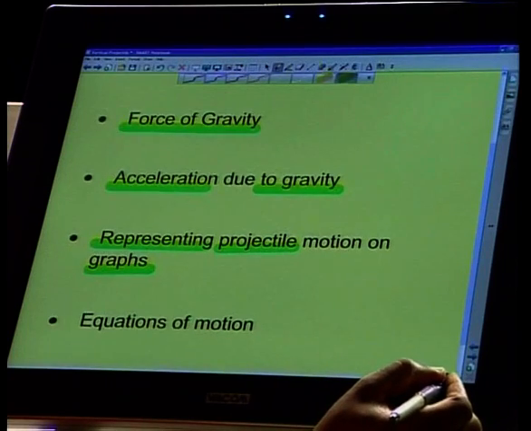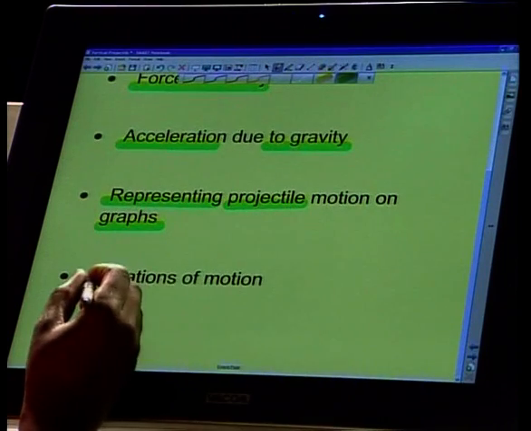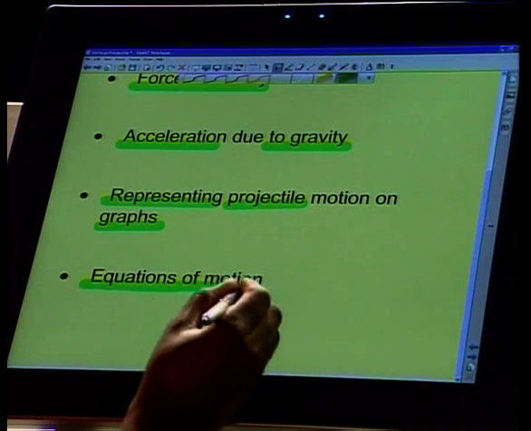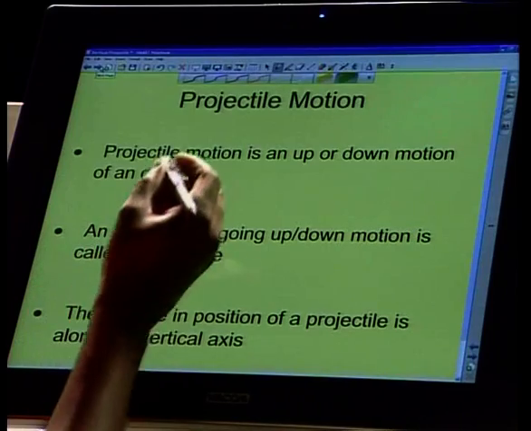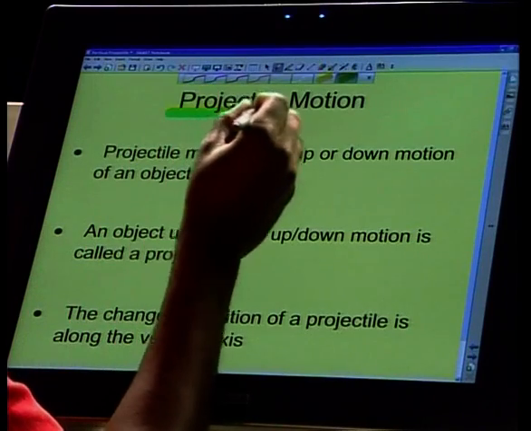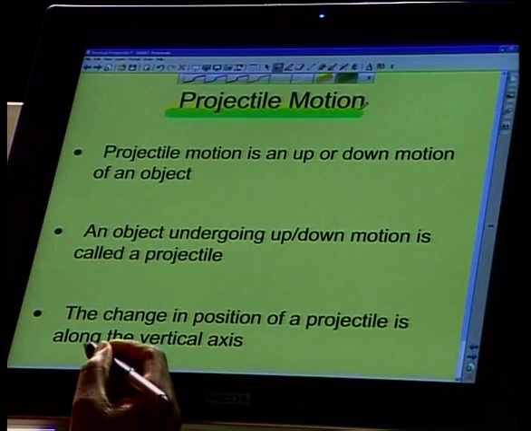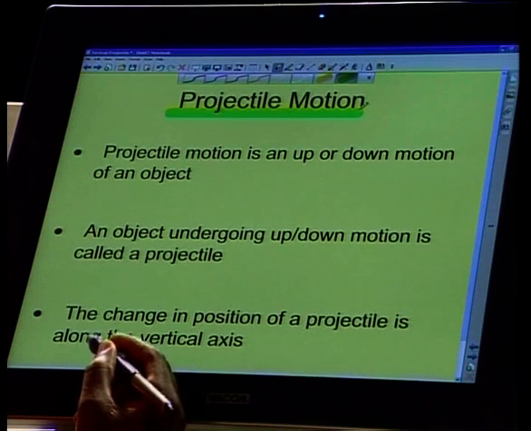And of course, like I said earlier on, we will also look at equations of motion as applied in vertical projectile motion.